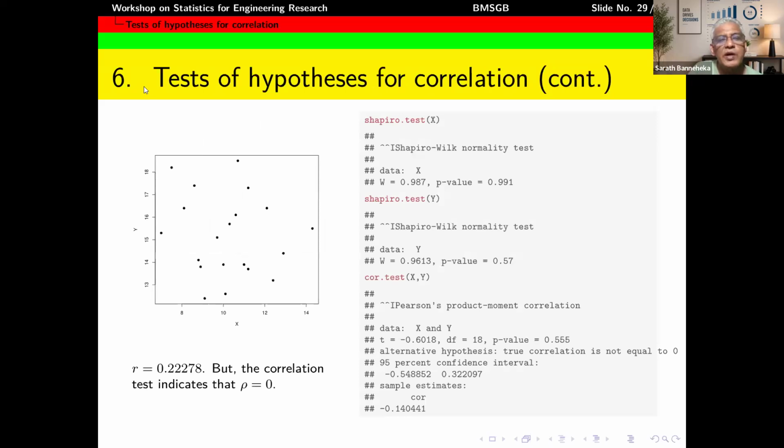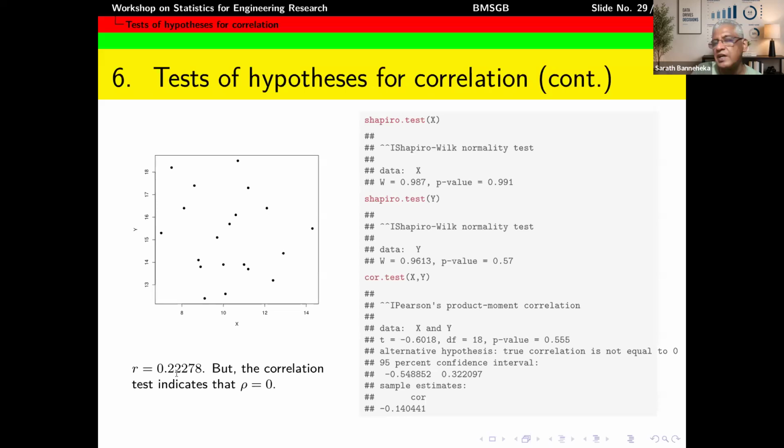Right. So here I have an example. Suppose you have this situation. When you look at this, you will say in the sample there seems to be no relationship between x and y. Of course, when you calculate the correlation coefficient for the sample, you get 0.22.